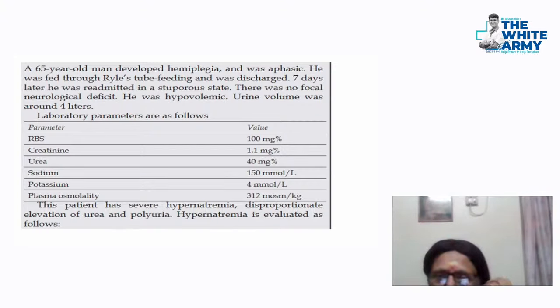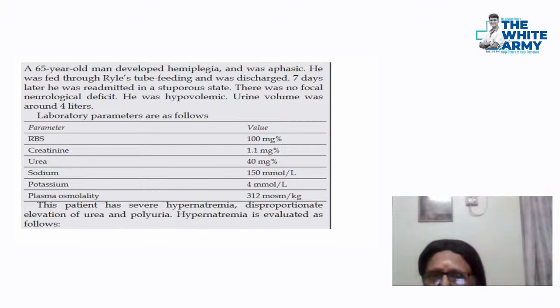Blood glucose was 100 milligram. So probably it is not diabetes mellitus contributing to increased volume. Creatinine is 1.1, that is, GFR is normal. So probably interstitial disease is not the reason. Urea is only 40 milligram. Sodium, as is very obvious, is 150. That is hypernatremia. When there is hypernatremia, there is a free water deficit.